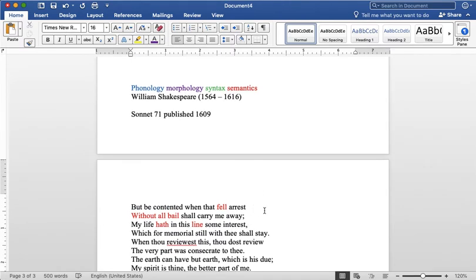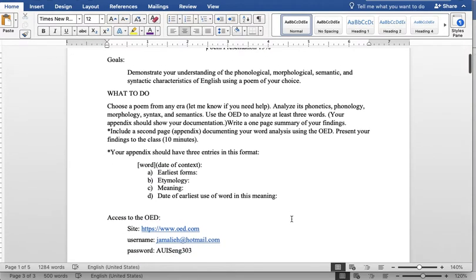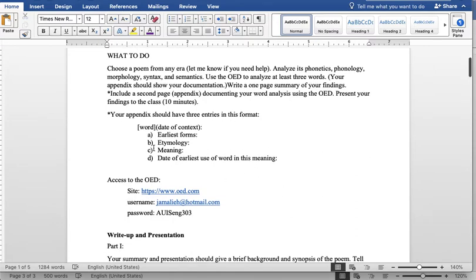I encourage you to get all this done as soon as possible. Let me bring up the assignment here. Start to go through your poem and do each of these things. For your appendix, remember you have to fill out these 4 items for 3 words. So the earliest forms, the etymology, so where it comes from, right?